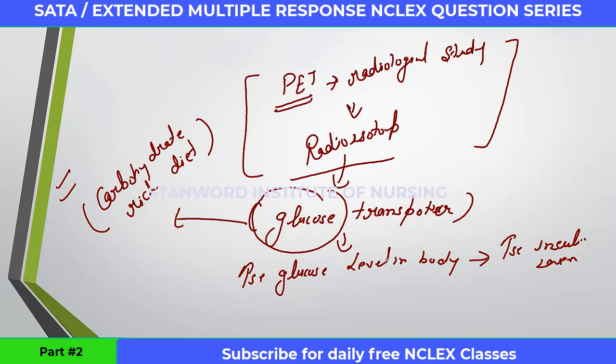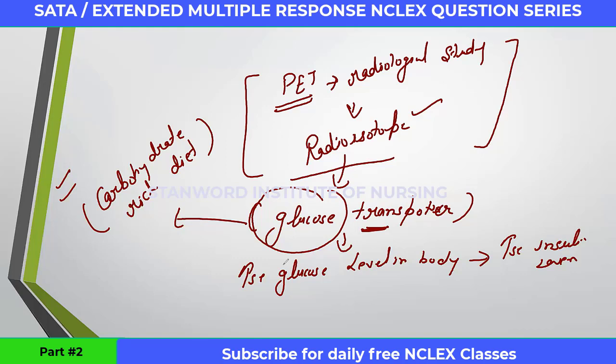So once again, I'll explain the PET scan. A PET scan is a radiological examination, a radiological tool of diagnostic evaluation, in which we insert a radioisotope into the client's body. The radioisotope is directly a glucose transporter, meaning it can increase active metabolism in different areas of the body.